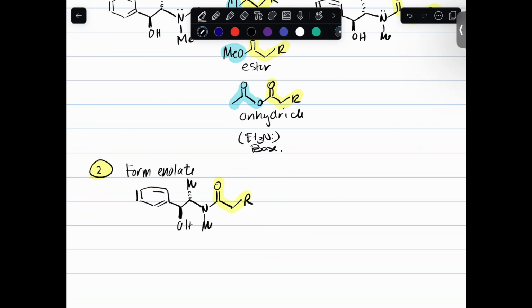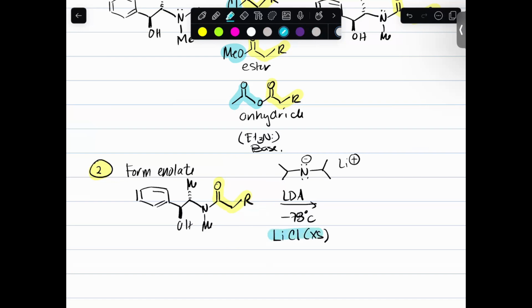Just like with Evans oxazolidinones, you treat this with LDA at minus 78 degrees Celsius. It's a really strong base if you don't remember from last week's lecture. It's a strong base. It's a negatively charged base. Now, in this case, what ends up happening is you're going to have to add an excess of lithium chloride. And we'll discuss this in a second.